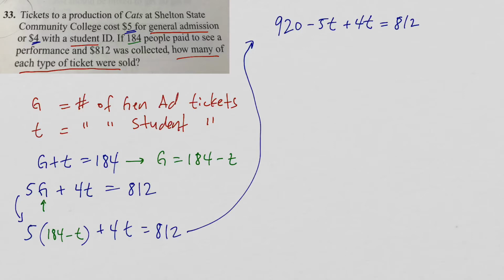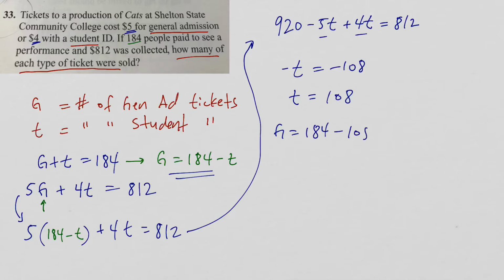So I'll combine my like terms, that's negative T is equal to 812 minus 920. I get negative 108. So T is equal to 108. That means that there was 108 student tickets sold. And let's now solve for G. G is 184 minus T, which is 108.